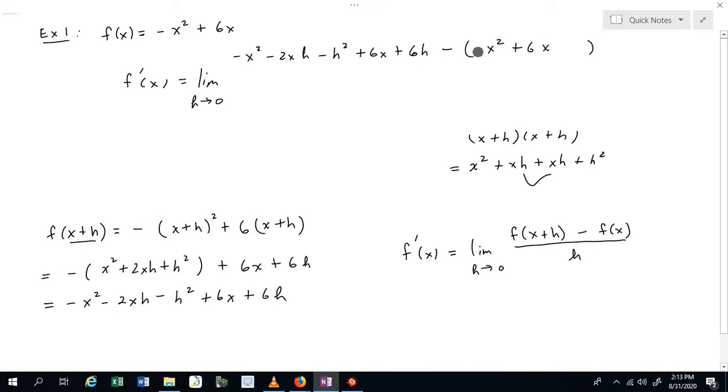So this is going to become a plus, and this is going to become a minus. But make sure you distribute it to both. Okay, so this is going to turn into a plus, and this will turn into a minus because you're distributing a negative sign to both of them. Okay, and then all of that is going to be divided by h.